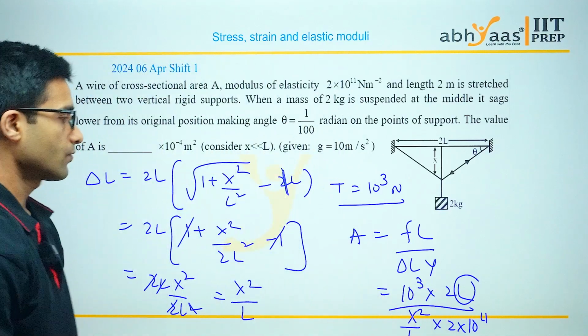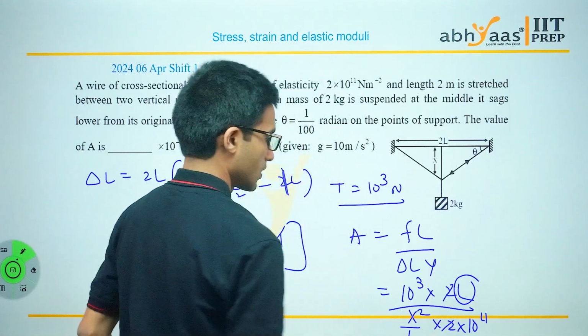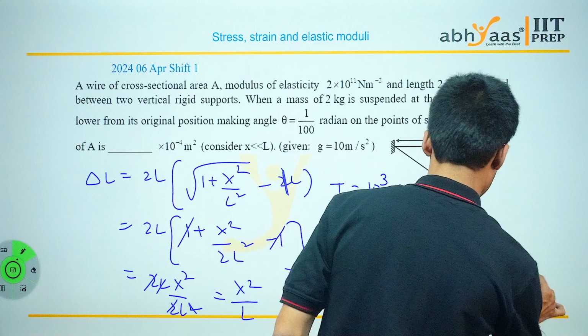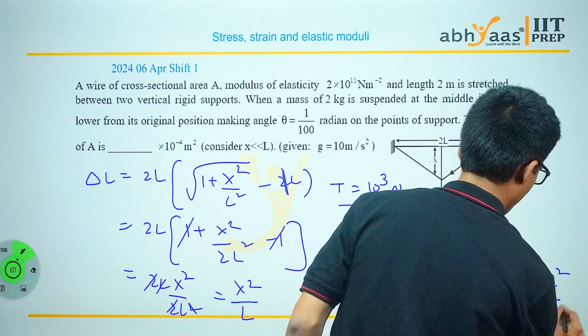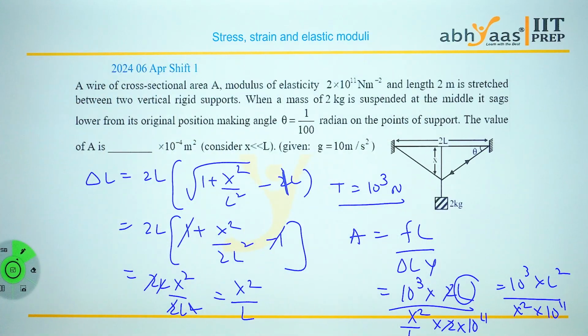So in terms of this one, what happened? The 2 gets cancelled. 10 power minus 1, L square. L is how much? Okay, 10 cube into L square by X square into 10 power 11. You can calculate this. So maybe the area you will get is around 2 into 10 power minus 4.